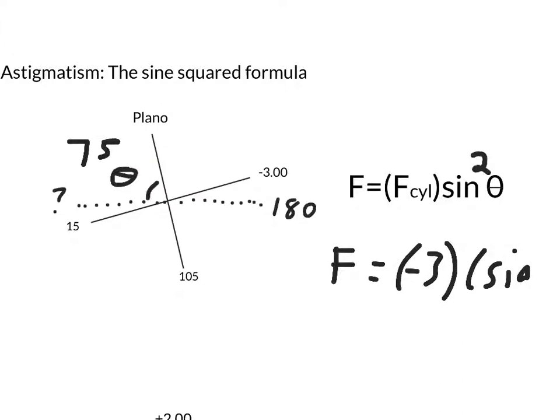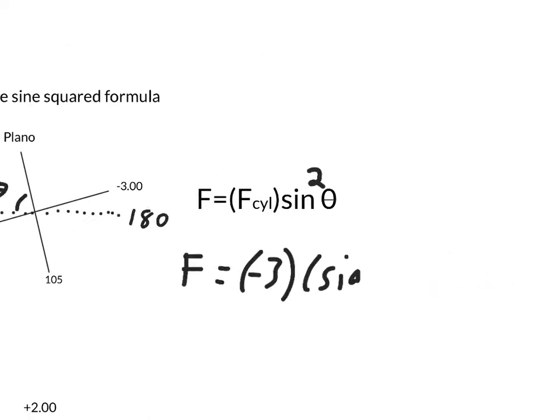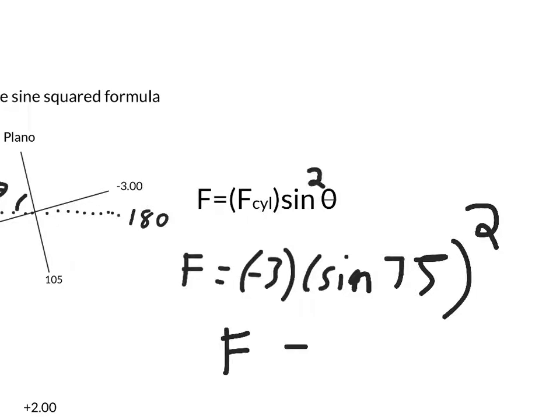So it'll be sine of 75 degrees squared. If you plug this into your calculator, you get F equals minus 2.80 diopters. And that's it.